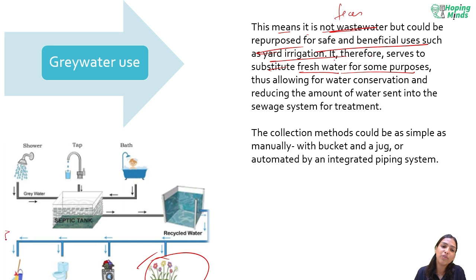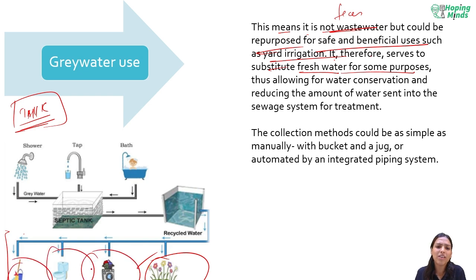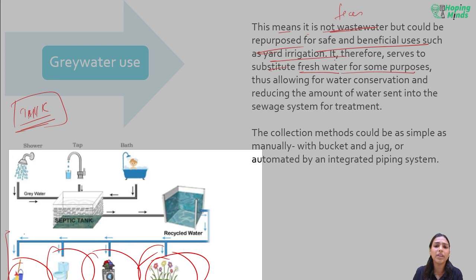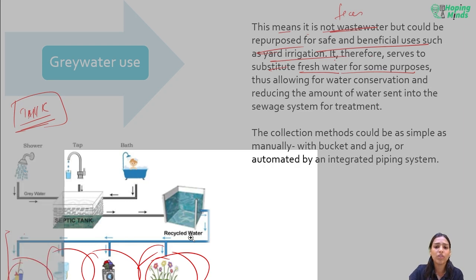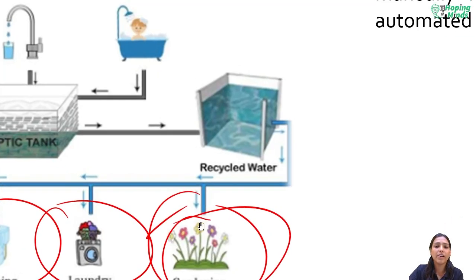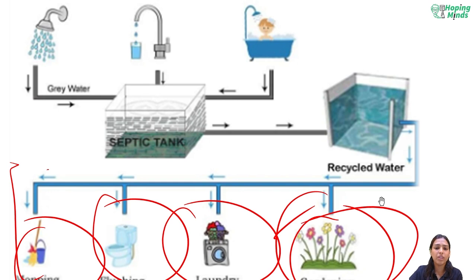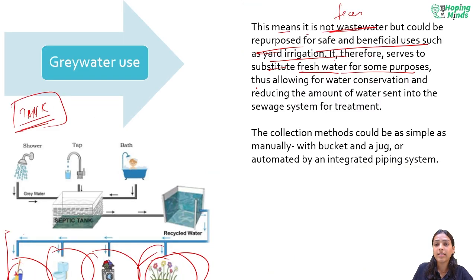Now instead of using the fresh tank water for all these not so essential purposes, where it's not important that you need fresh water for your gardening or laundry, it allows for water conservation and reducing the amount of water sent into the sewage system for treatment.